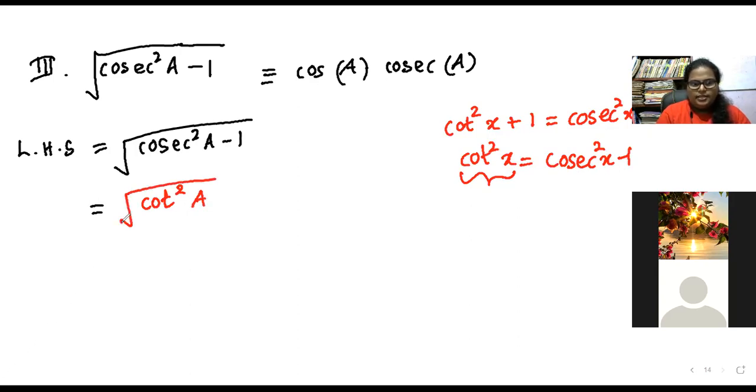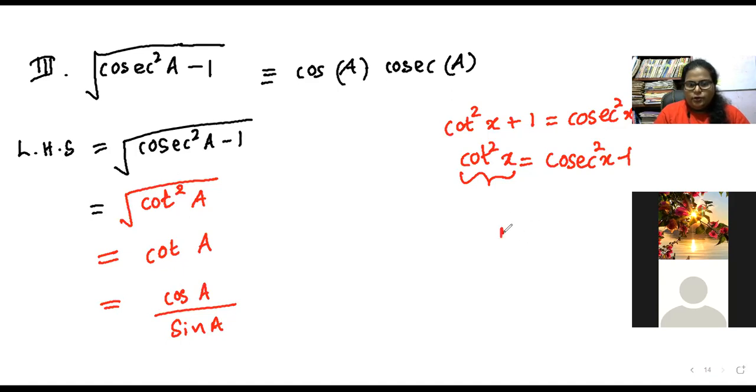So inside the square root, you get cot A, because the square term vanishes when you take the square root.